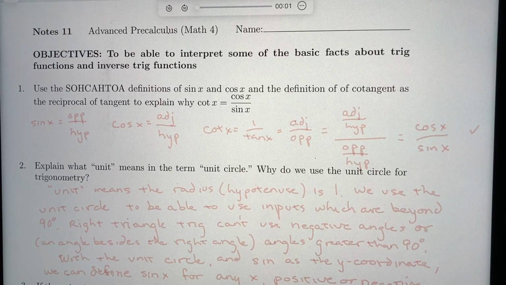Okay, so we're going to use SOHCAHTOA on sine and cosine, and the definition of cotangent is 1 over tangent. So sine x and cosine x are defined in terms of opposite, adjacent, and hypotenuse.